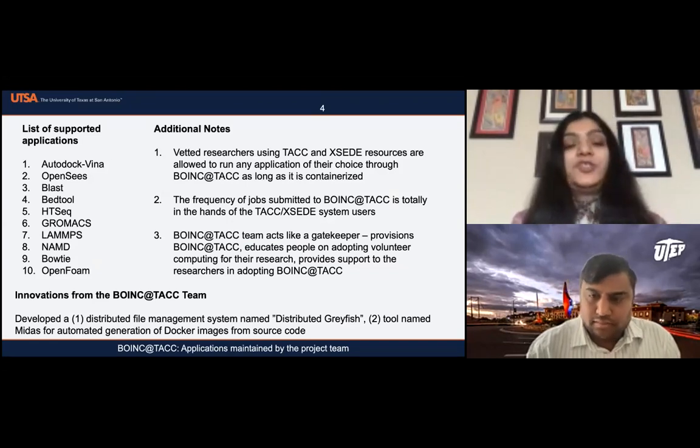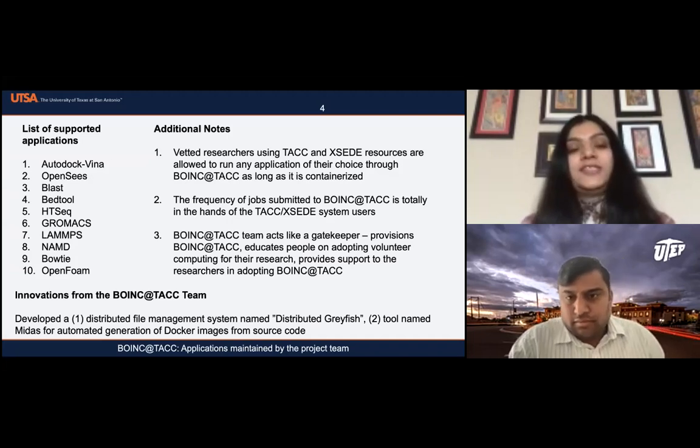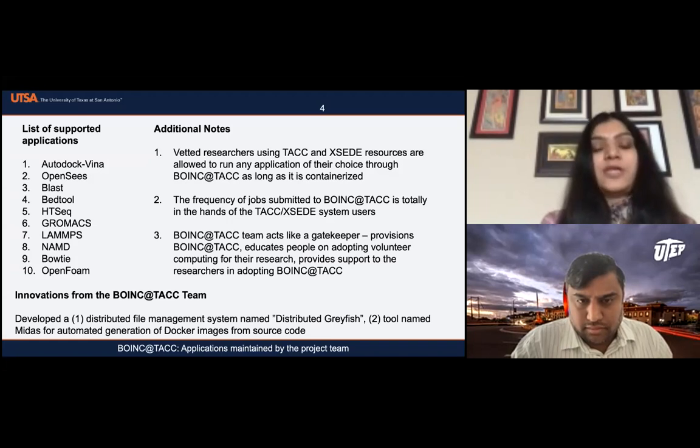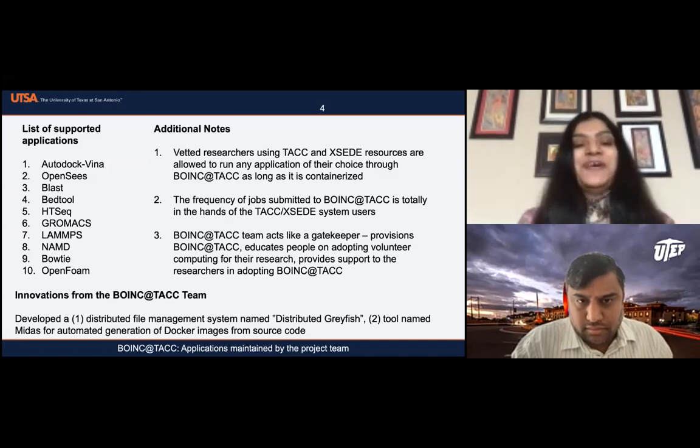The applications that we maintain for the community are AutoDock Vina, OpenSees, which is for earthquake engineering. AutoDock Vina is the drug discovery application that Suman will be talking more about. He's the researcher for whose group we have been supporting AutoDock Vina and other similar applications to run on BOINC attack.